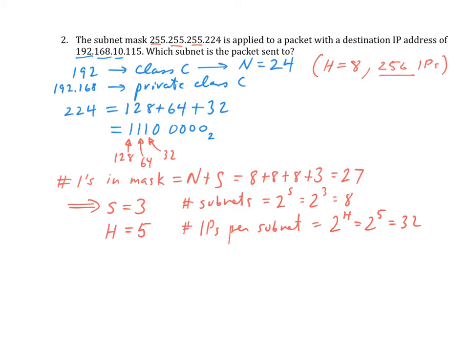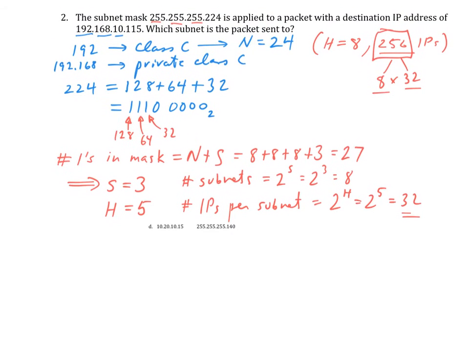Of course, we've now taken our 256 and divided it up into 8 times 32. 2 to the 8th, or 256, is 2 to the 3rd times 2 to the 5th. So we've divided up into 8 subnets, each of size 32. And now it's a straightforward thing to figure out what's going on here.